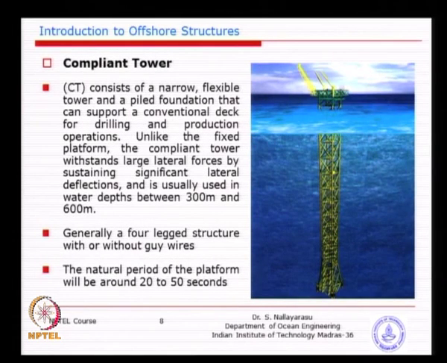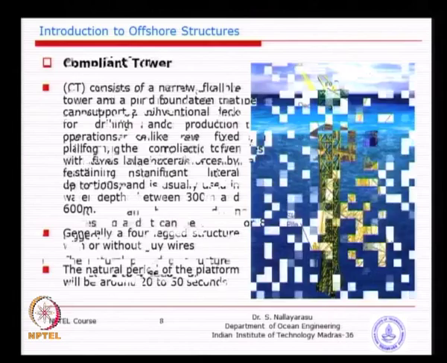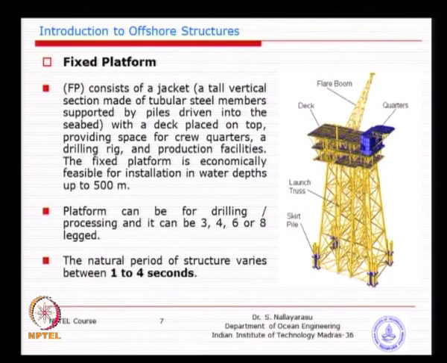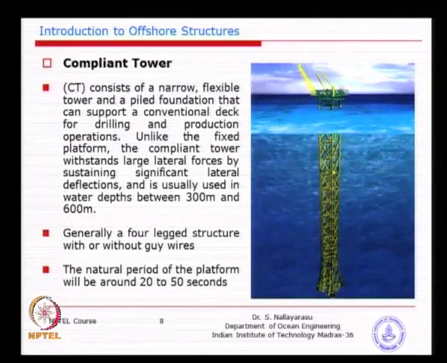The next one is the compliant tower. I think you understood the idea behind the fixed platform. Then we go to the fixed platform with a slender structural arrangement. That means the structure is purposely made slender, because the water depth here is too large that if you make a large base at the bottom, it becomes potentially expensive and difficult to install.